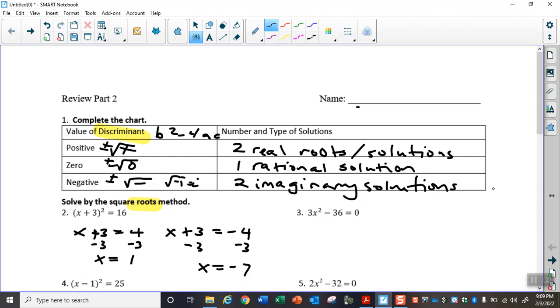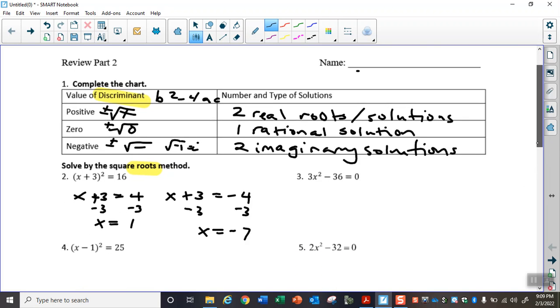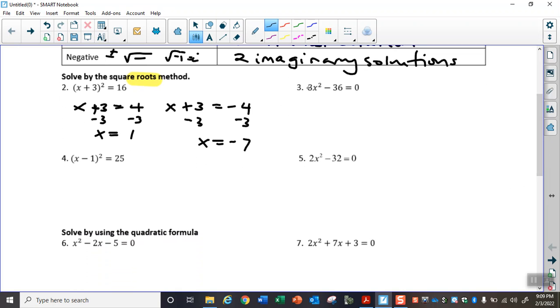All right, so now I'm going to do this one. Again, it's square roots method. So here is, again, b equals 0. There's an x squared, and there's 36, but there's no x to the first power. So b is equal to 0.